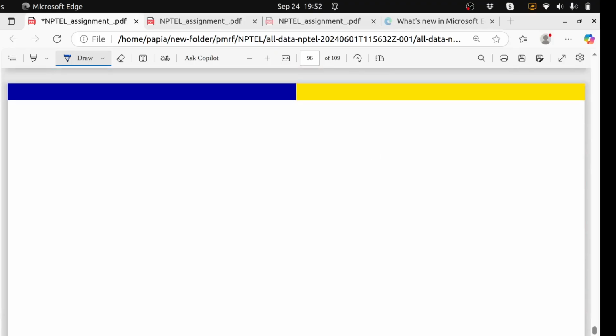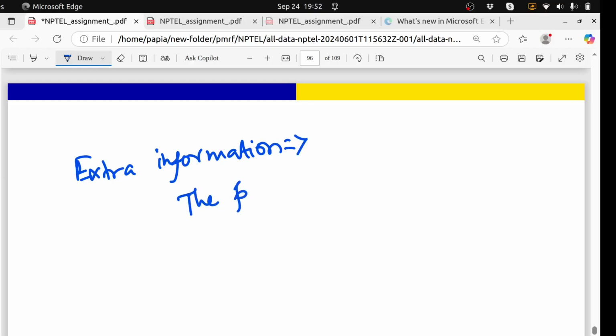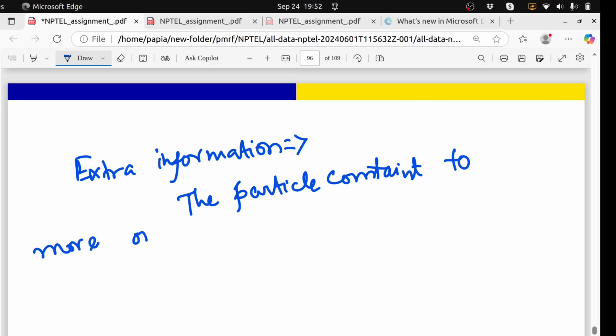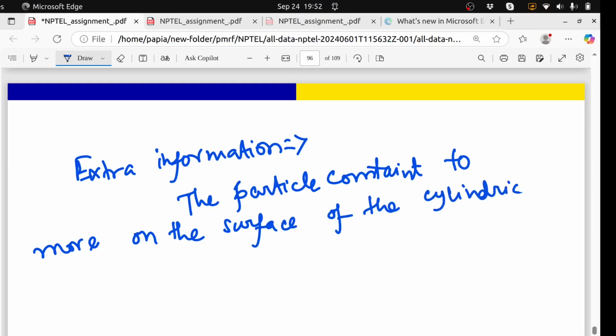Now I have one extra piece of information. Let's say I'm talking about the particle constrained to move on the surface of the cylindrical tube.